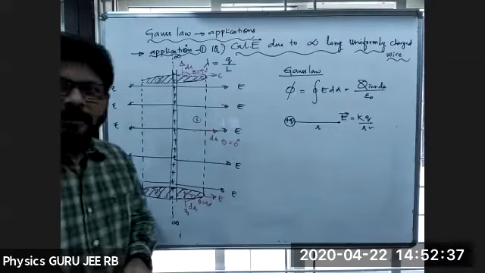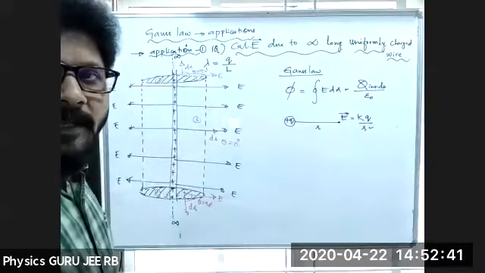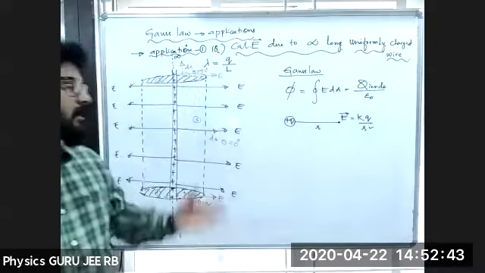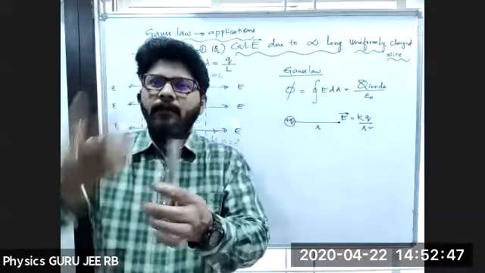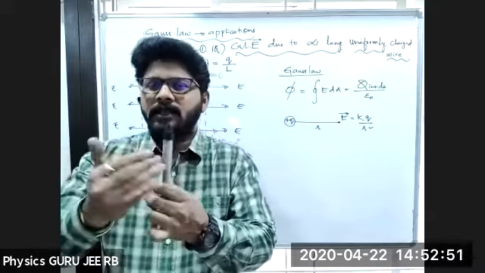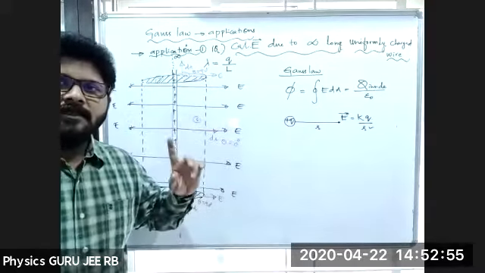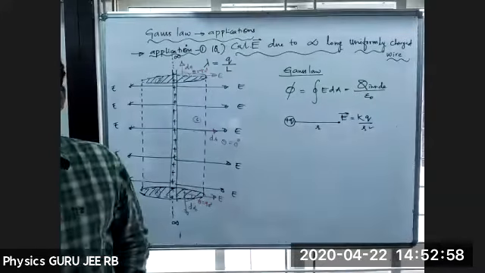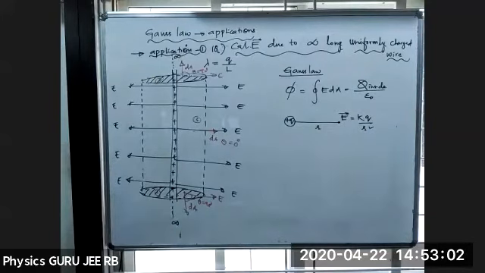Now we can calculate the flux linked with the Gaussian surface. How many surfaces are there? Upward, downward, and the curved surface. At any point you can take it as the curved surface. Let me calculate the total flux linked with the Gaussian surface or cylinder.